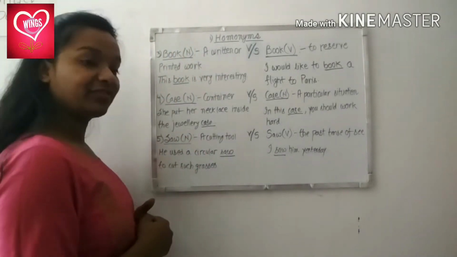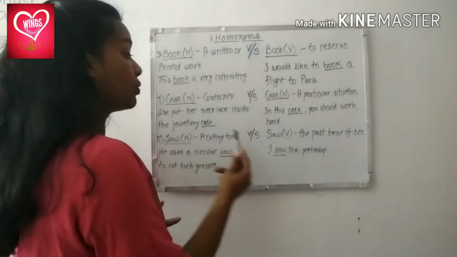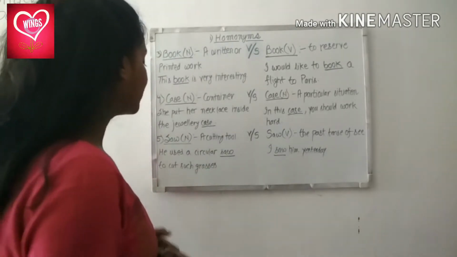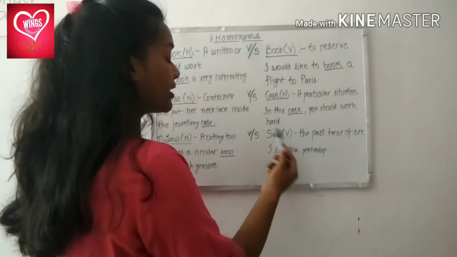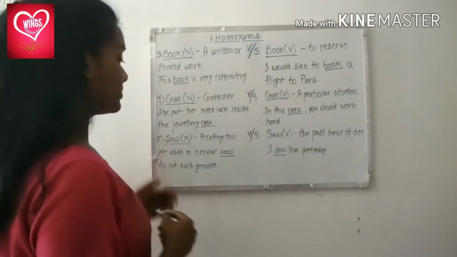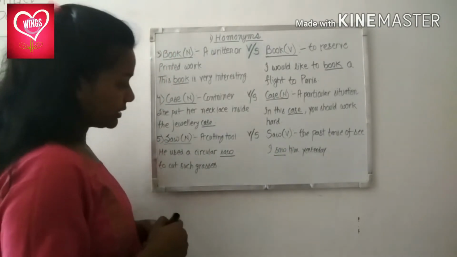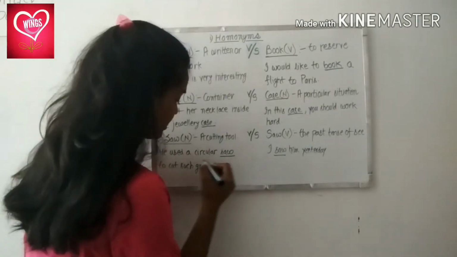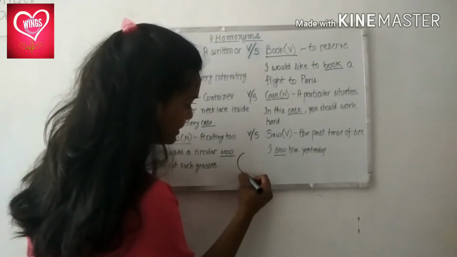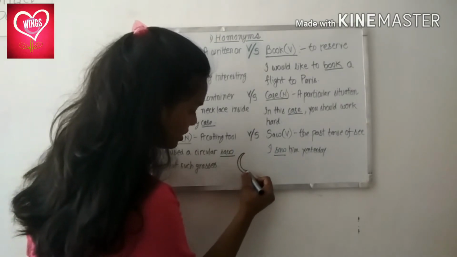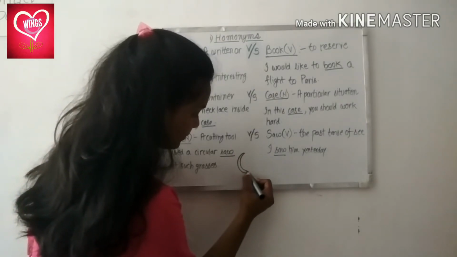So, the fifth example is saw versus saw. The first saw is a noun and the second saw is a verb. The first saw means a cutting tool. It is in this shape, like this, a curve type shape.